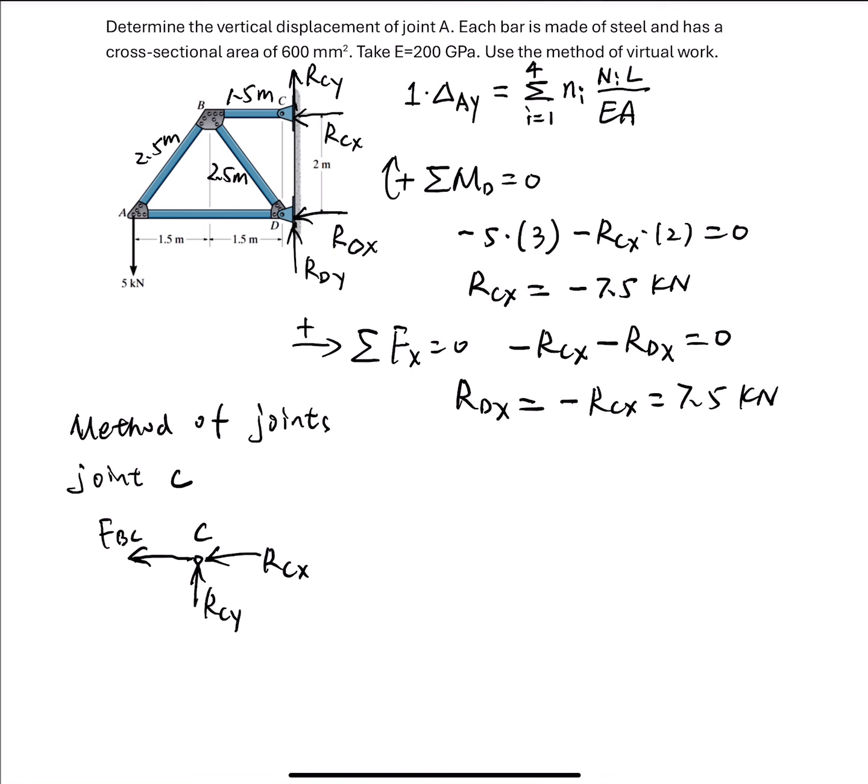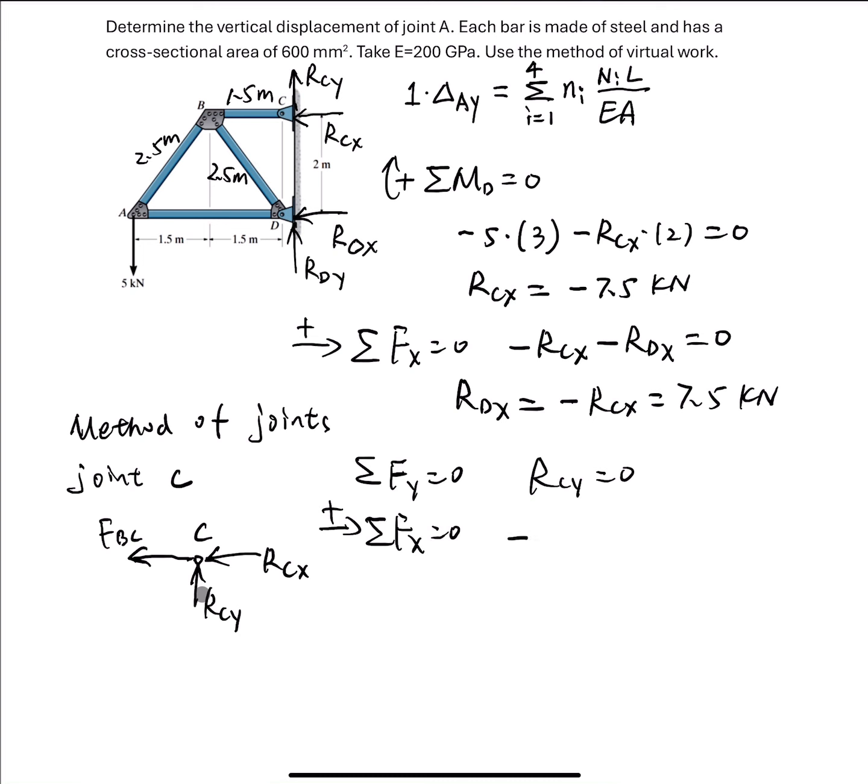Look at this free body diagram of joint C. We can easily find that based on Fy equals 0, RCY equals 0, since there's only one force in the y direction. On Fx equals 0, we assume the positive direction goes to the right.